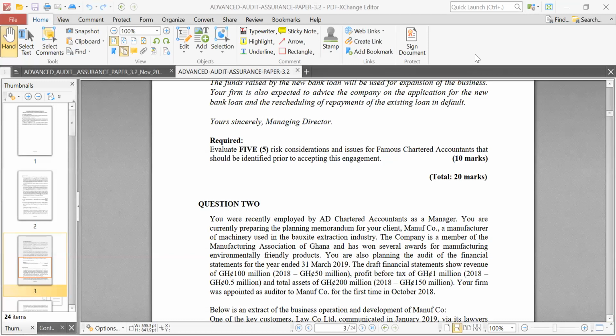So it may also, indirectly, lead to unpaid fees probably at the end of the audit. Okay, so that's it. So that's a risk for who? The auditor, the famous chartered.